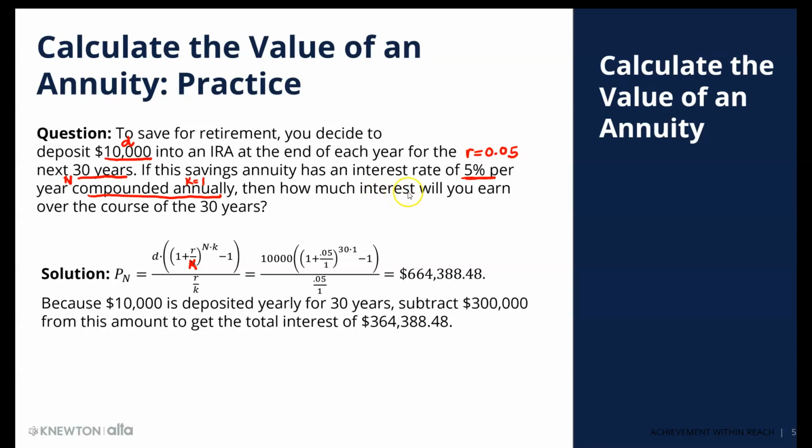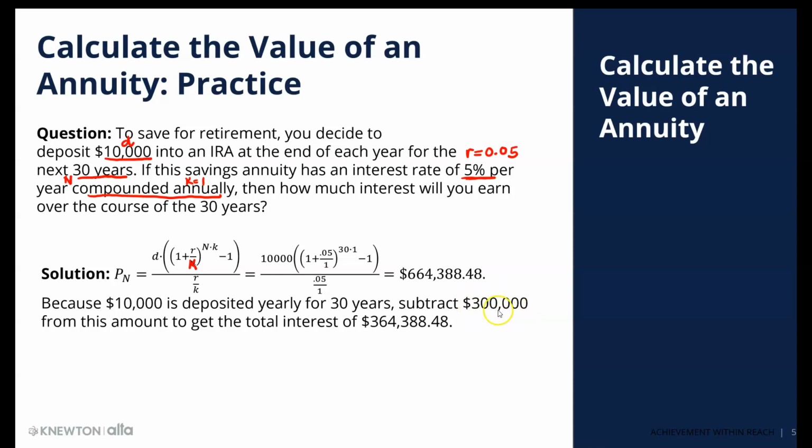So in here, we are asked to find the amount of interest you earn over the course of 30 years. To do that, we will first compute the amount that you paid over 30 years. So that is just 10,000 times 30. That is the total amount you deposited for the last 30 years. And that should be equal to 300,000.